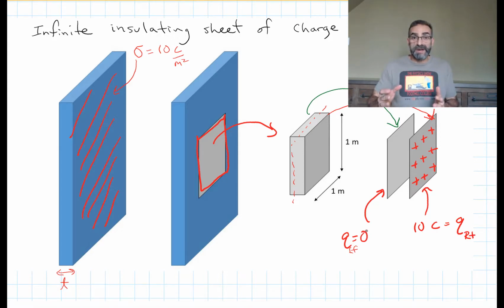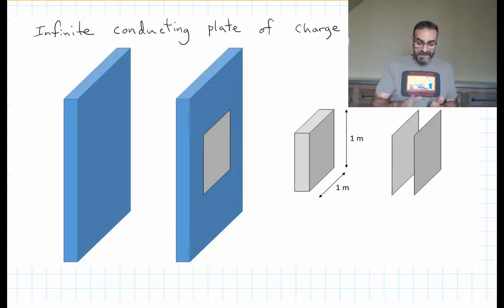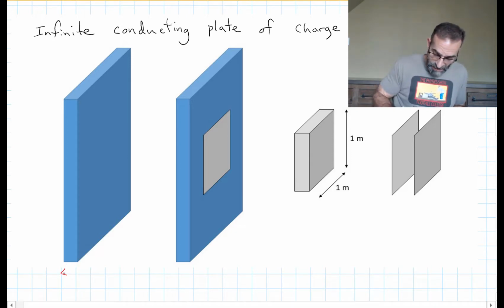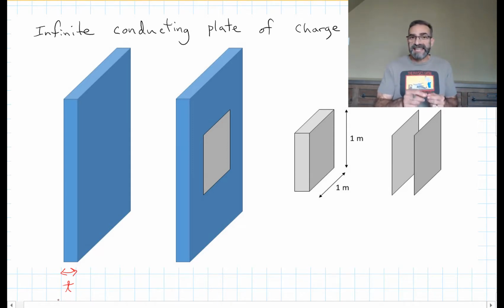Now let's think about what happens with a conductor. On the left, I've shown a portion of an infinite conductive plate. Of course, we try to make it as thin as we can, but we can only get it to a certain minimum thickness. It can't get to 0 thickness. There's always a little bit of thickness there.